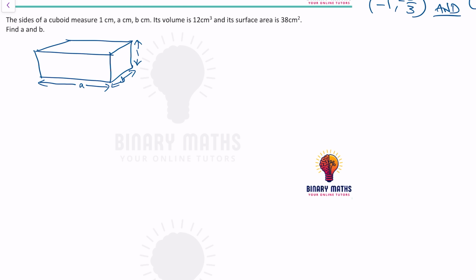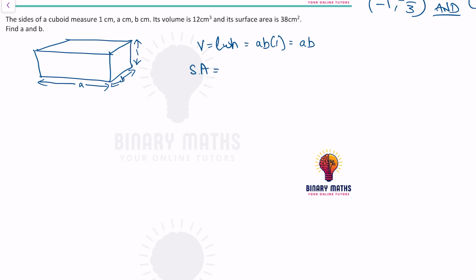Now the volume of a cuboid is length times width times height, which is equal to A times B times 1, which is equal to AB. The surface area is the area of all the faces added together.